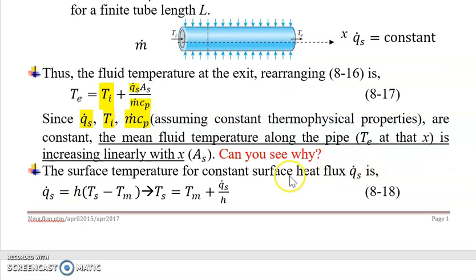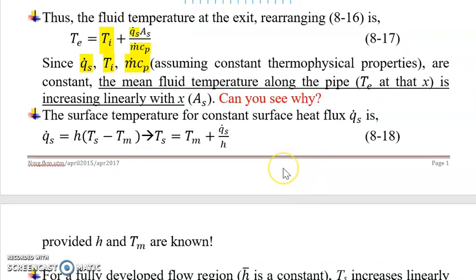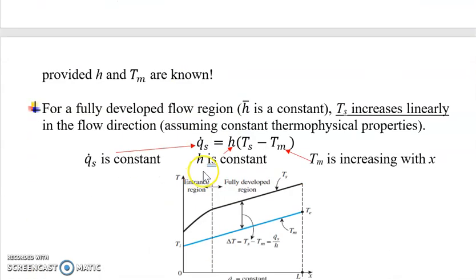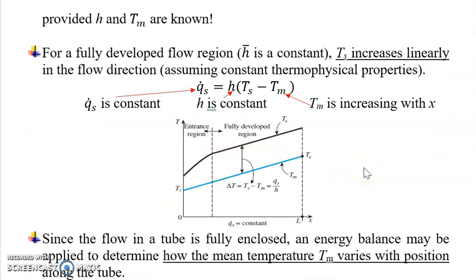The surface temperature for constant surface heat flux may be determined from Newton's law of cooling. As here, that is, if you know the average heat transfer coefficient and the mean temperature along the channel, which we'll go into later. So for a fully developed flow region with a constant average heat transfer coefficient, the surface temperature increases linearly in the flow direction.